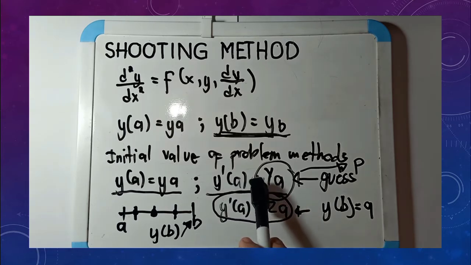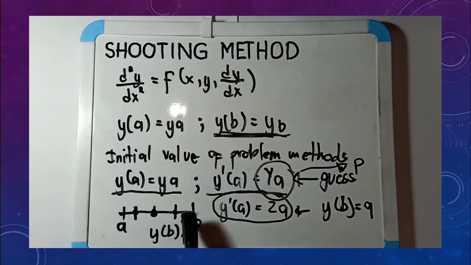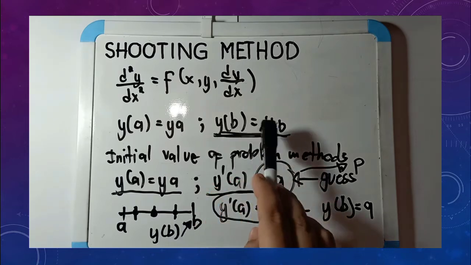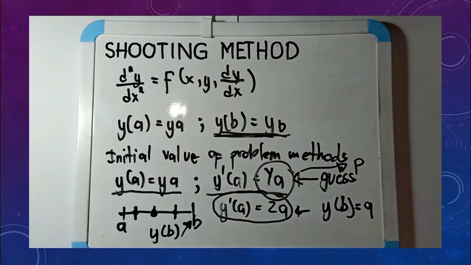Then balik na sad ta og shoot to test if our second value is close na ba sa atong target or dili pa. So, if dili pa jud, we just keep repeating the process until makuha nato ang value na close sa atong y sub b. Therefore, shooting method is a method wherein mag-trial and error ta until makuha nato ang atong desired na mga values.